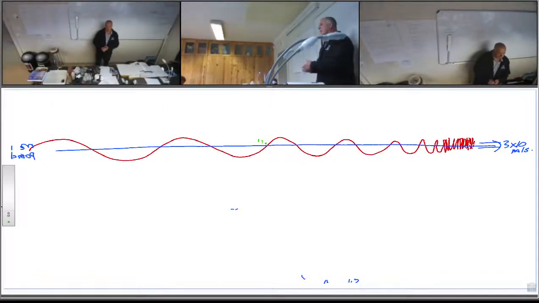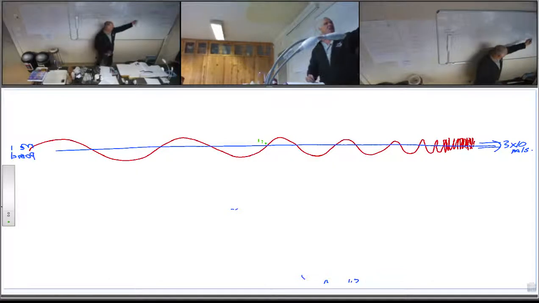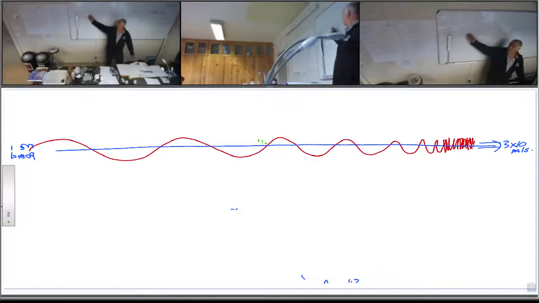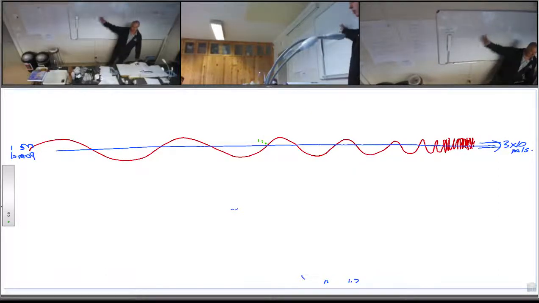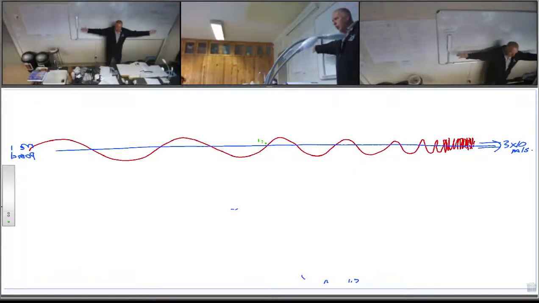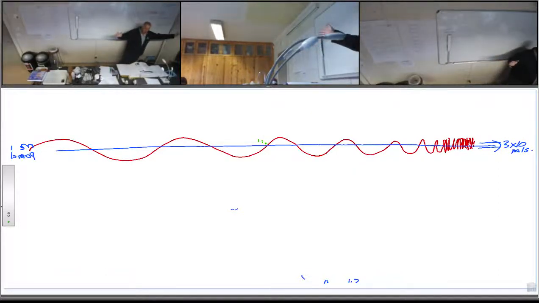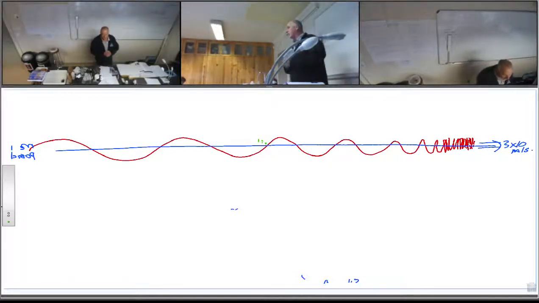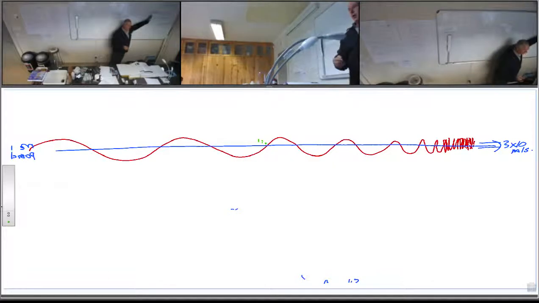So if it's all traveling at the same speed, if you've got these tiny little carriages at this part of the train, and these long stretched out carriages at this part of the train, when the whole train's joined together, it's all traveling at the same speed. Which part of the train will you get more carriages going past in a second? There, okay, higher frequency, more carriages, more waves per second.